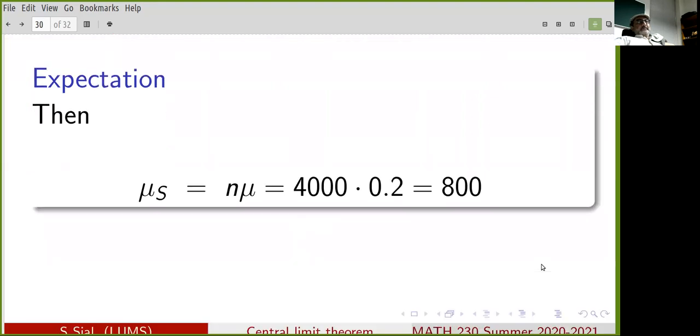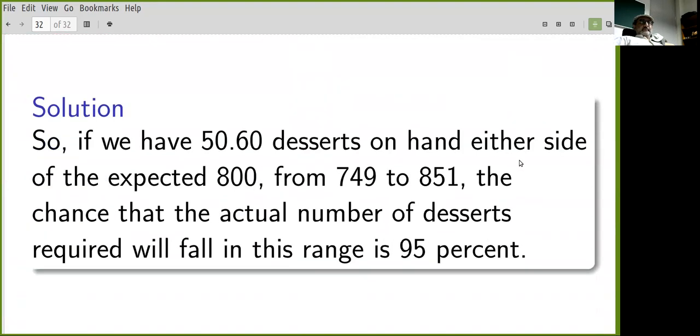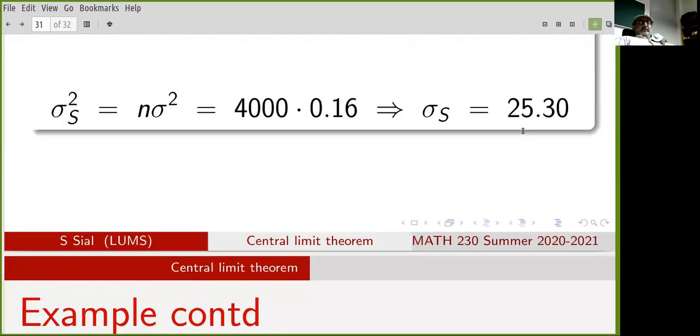Okay, so the expectation of S is n times mu, or 4,000 times 0.2, so it's 800. And the variance is n times sigma squared, so 4,000 times sigma squared, which gives us the variance for S is equal to 640, so the standard deviation is 25.30. Okay. So 2 sigmas would be 50.60.